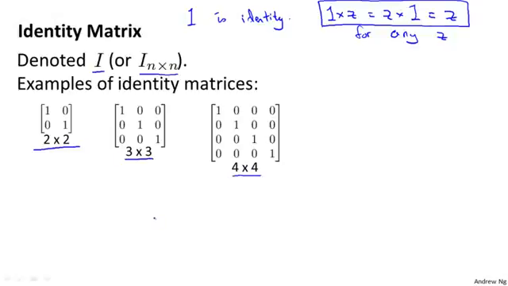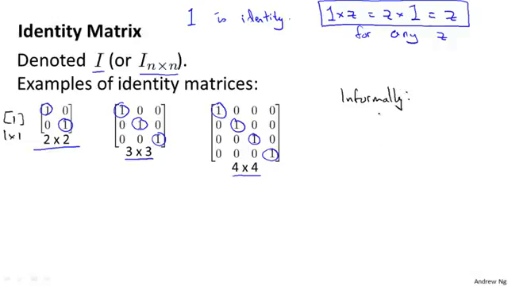The identity matrix has the property that it has 1s along the diagonal, and 0 everywhere else. By the way, the 1 by 1 identity matrix is just the number 1. A 1 by 1 matrix is just one element, so it's not a very interesting identity matrix. Informally, when I or others are being sloppy, very often we write the identity matrix using hand notation.